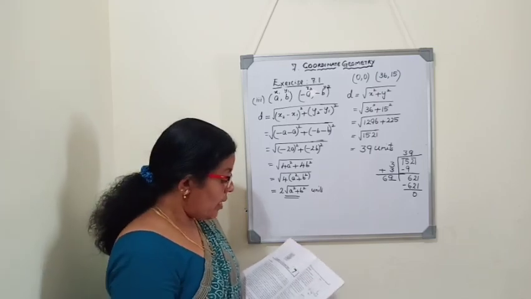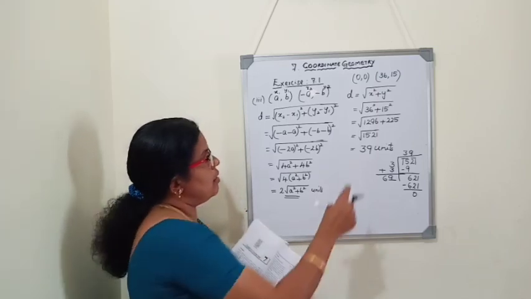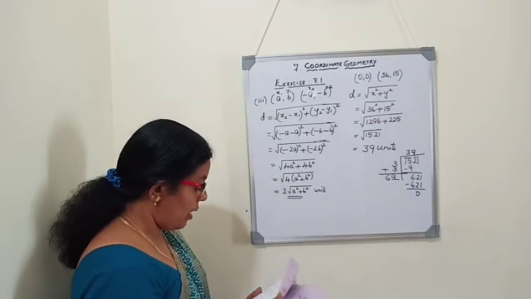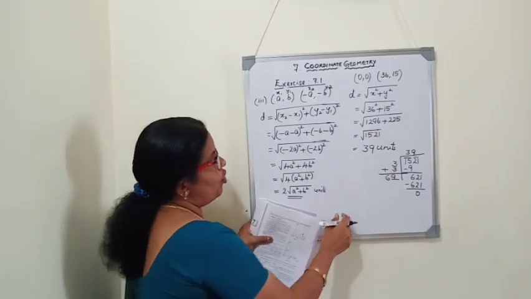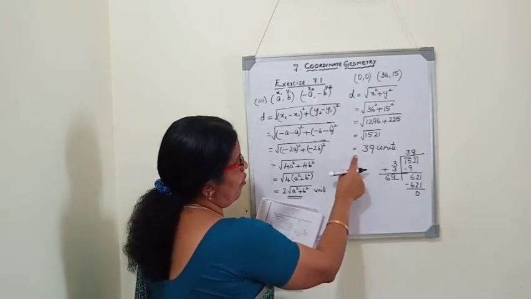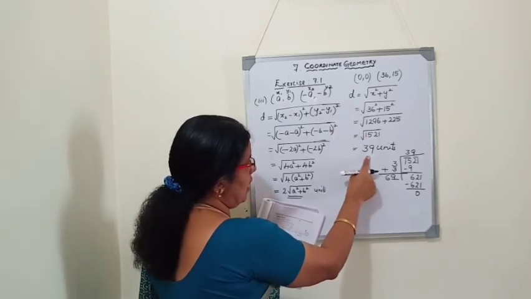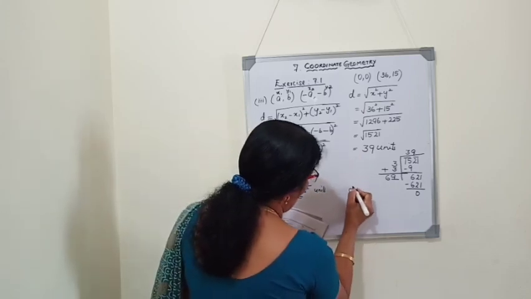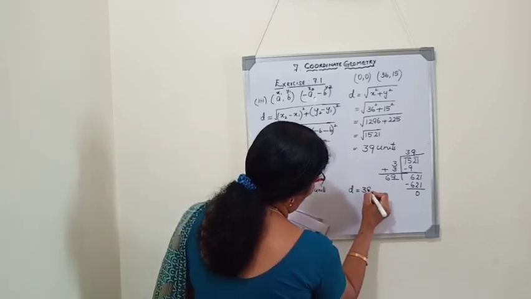Without measuring, we can use the same formula. We already got the distance 39, so the distance between the two towns is equal to 39 kilometers.